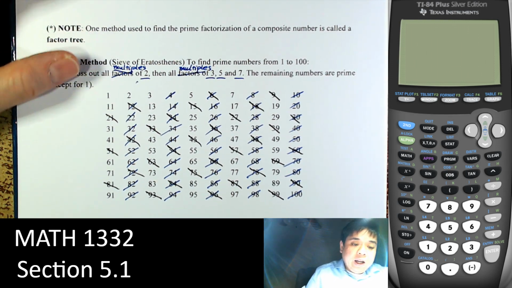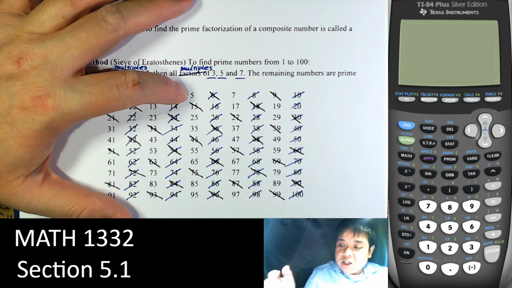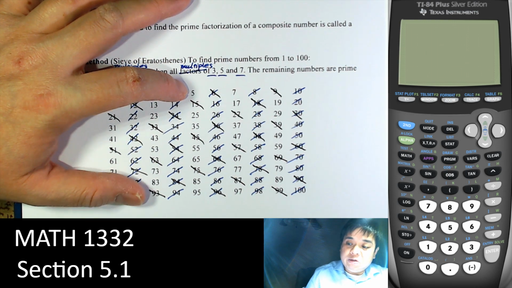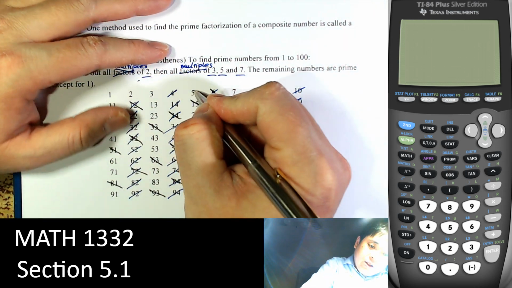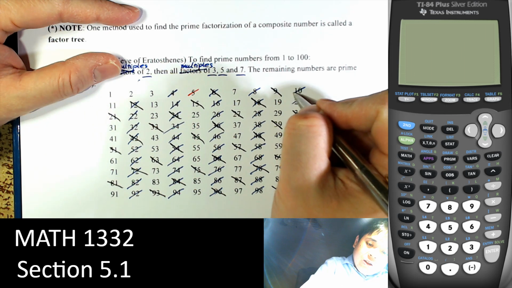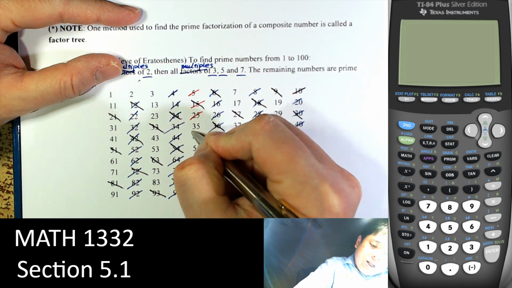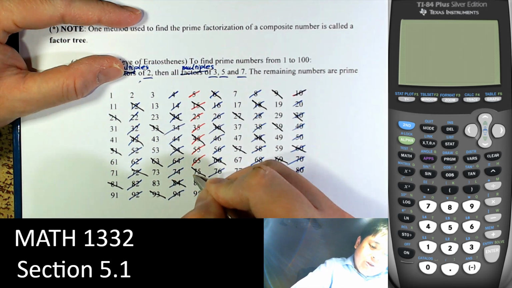Now the next one, 5, is a prime number, so we cross out all the multiples of 5.